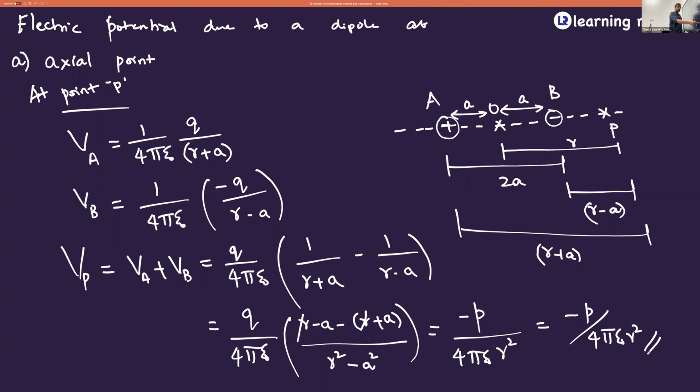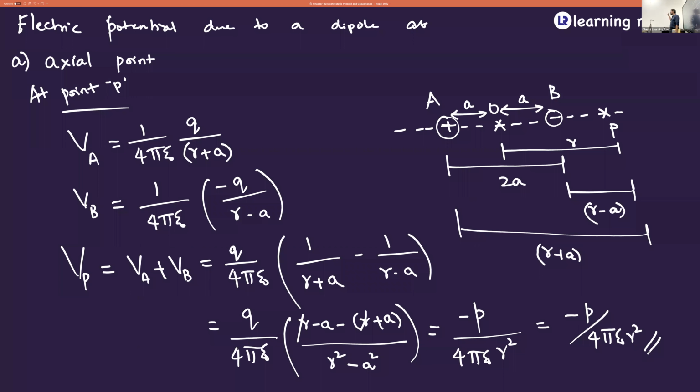In this case, I got a minus sign because the potential due to the negative charge is dominating compared to the positive, because the negative charge is closer to the point P. Had I taken this point P on the left hand side, I would have got the answer with a plus sign. So you can remember the magnitude: it is p divided by 4 pi epsilon naught r square.